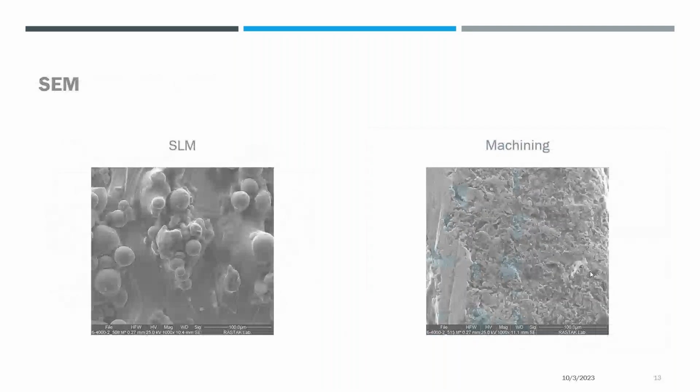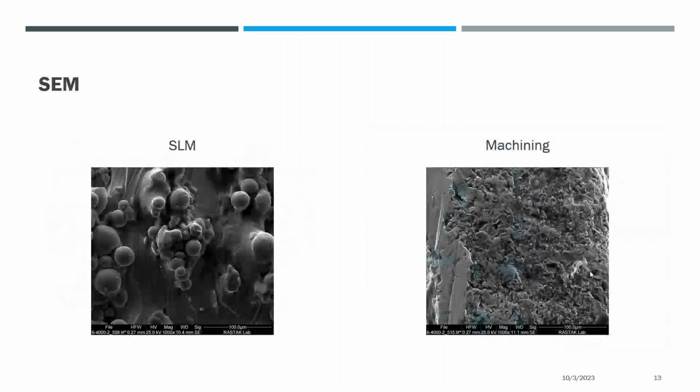And the SEM, as you can see in the SLM, the microstructures are well rounded and non-porous as opposed to machining, where the porosity is noticeable.